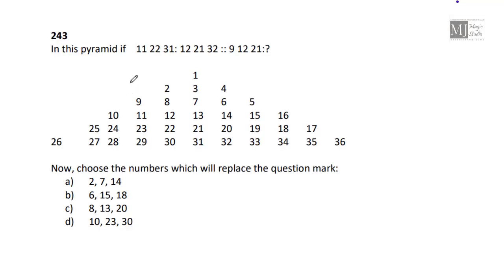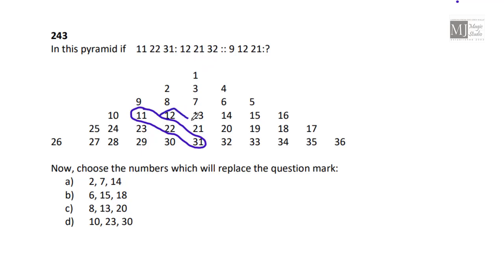If in this pyramid, 11, 22, 31 is equivalent to 12, 21, 32.